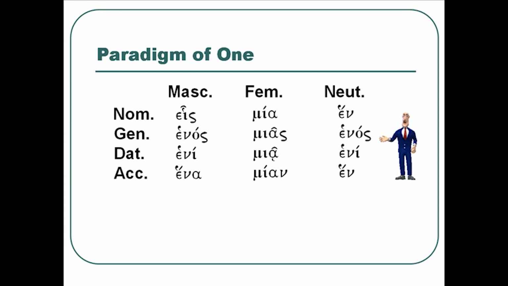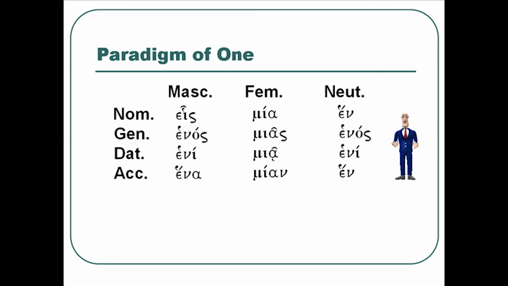So the neuter is also trouble. It looks like hen, which also can look like the preposition en if you're not careful. The preposition en means in, and this is the Greek word for 1, hen, with the rough breathing. So it's hen, henos, heni, and you see those exactly match the masculine forms, and then back to hen in the accusative. So the nominative and accusative are the same.